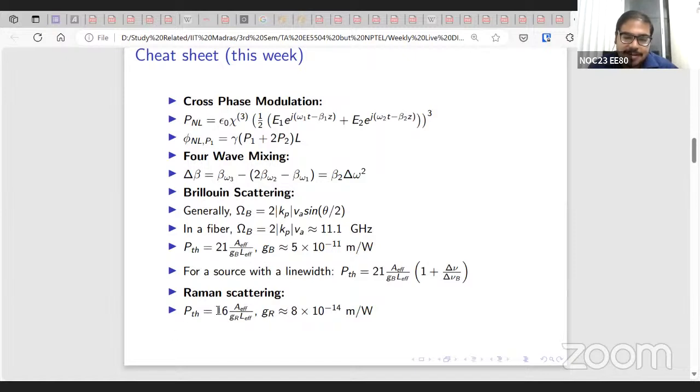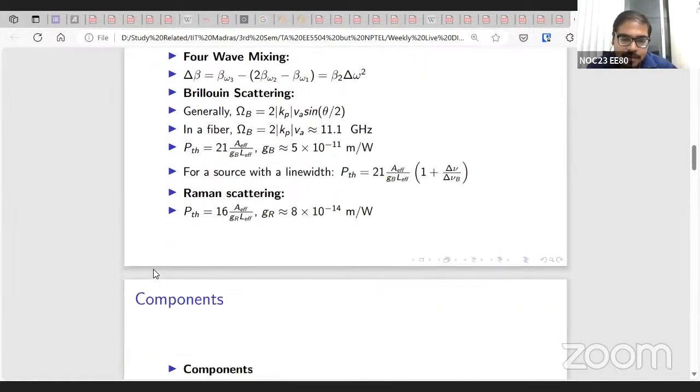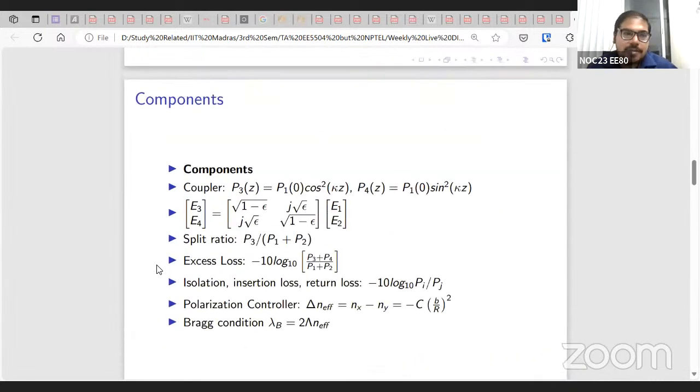Similarly for Raman scattering, this equation. Then some equations regarding components, how to make couplers, how this transfer matrix you can consider: if E1 and E2 are the input electric fields, what are the output electric fields you can express in terms of this matrix.